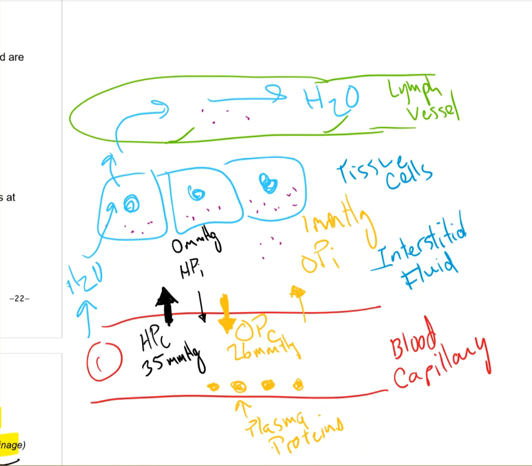So let's say now I block off my lymph vessel. It becomes blocked somehow. Well, what will happen is water will accumulate here and protein will accumulate here. They won't leave.